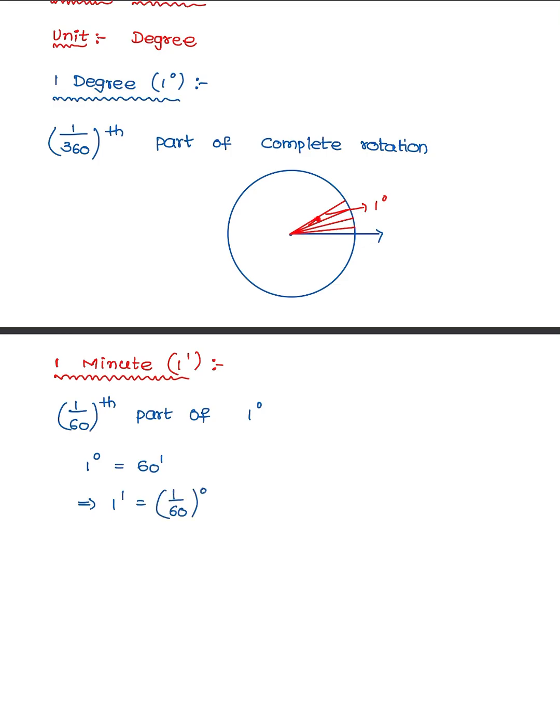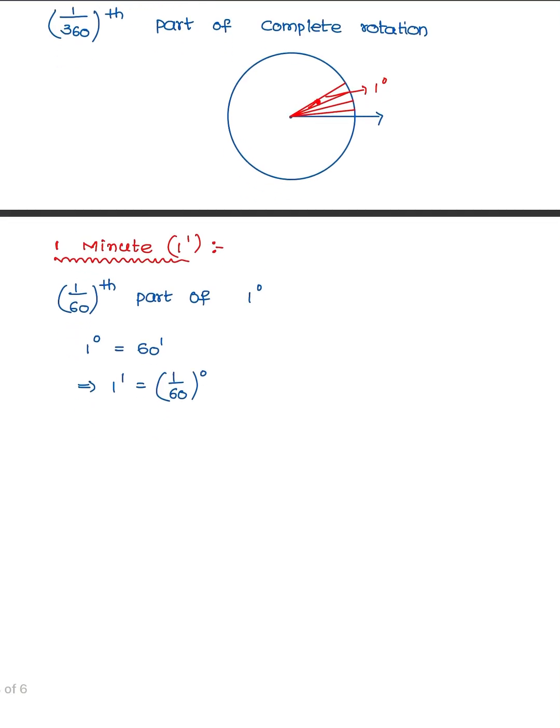In the same way, further we divide a minute into 60 parts, and each part gives us 1 second. So 1 by 60th part of 1 minute is called 1 second.